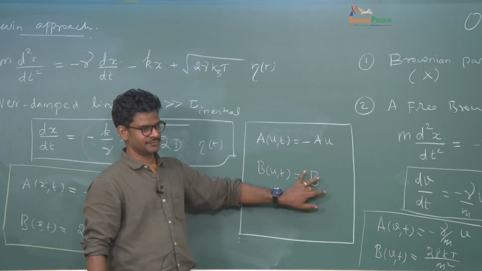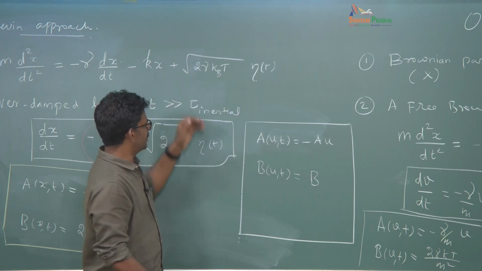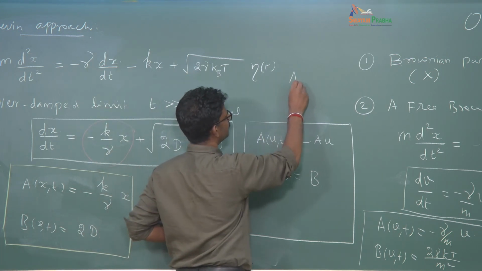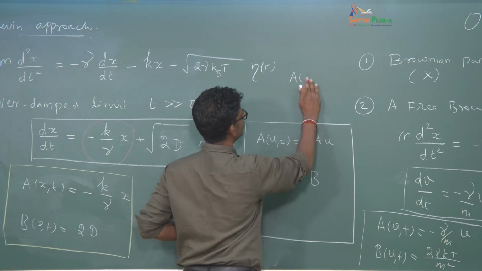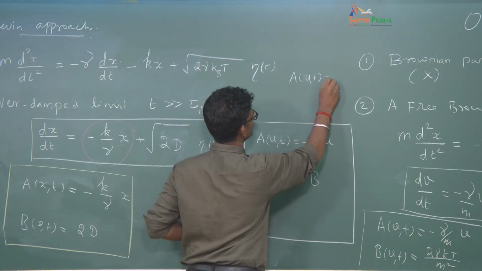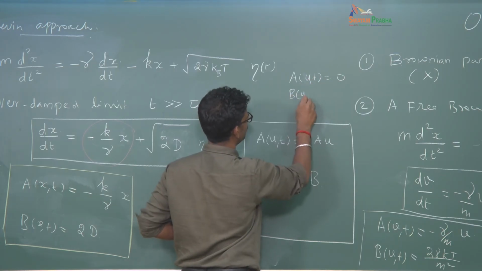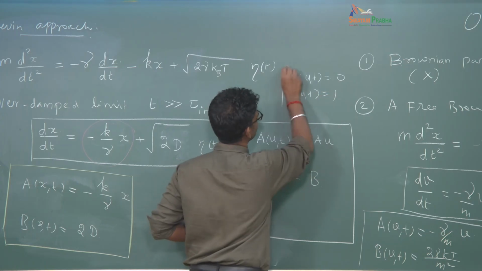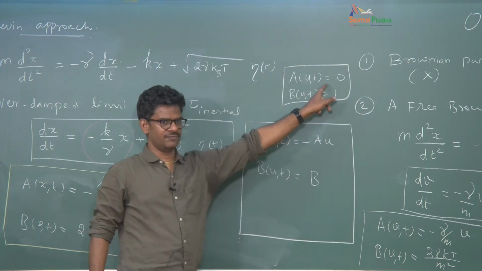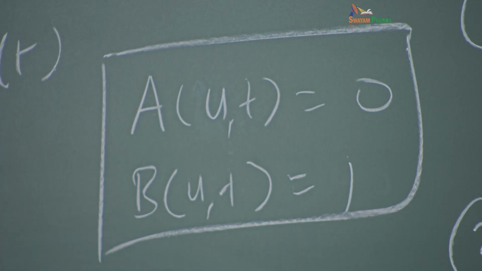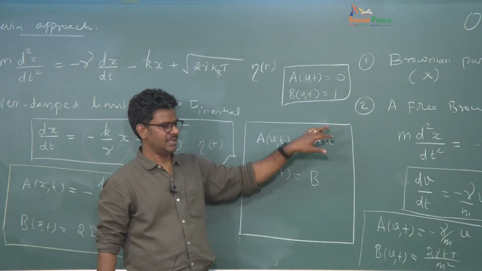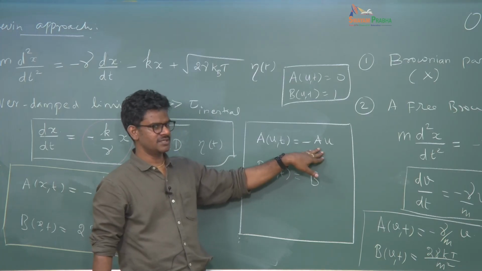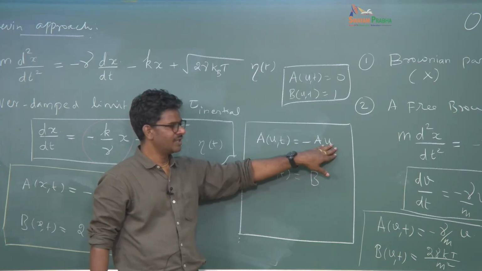I already remarked that in the case of Wiener process, a of u comma t was 0 and b of u comma t was 1. This is one class of problem which we call a Wiener process. Now we have another situation where a is not 0 anymore, a is minus some constant times the random variable itself.